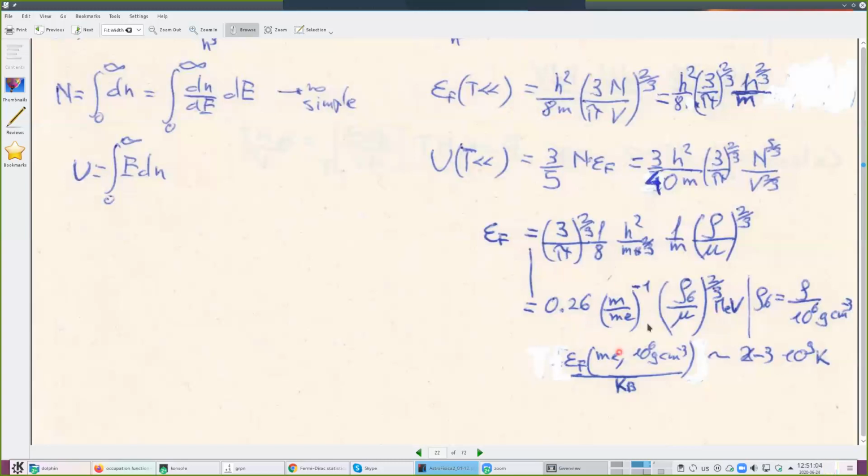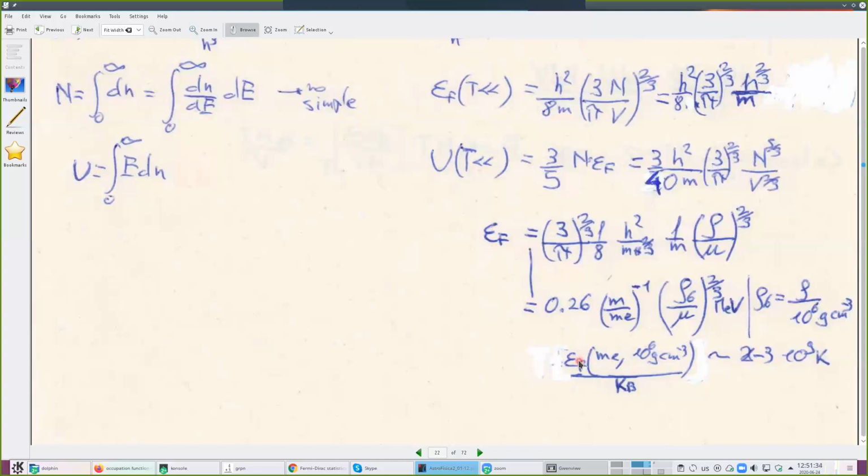But if you consider protons or neutrons, they are about 2000 times more massive, so this value definitely drops. Then you have what is called the Fermi temperature, that is simply the temperature you need to have a mean energy per particle of around the Fermi energy.